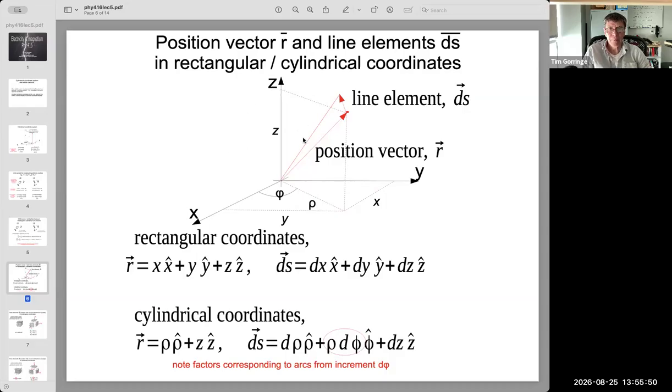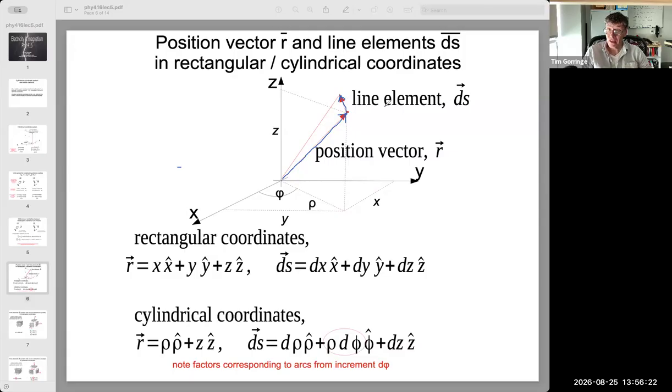But on this picture, I am marking two important things that we want to describe on this overhead. I'm going to write down the position vector R in the language of cylindrical coordinates. We've done it in rectangular coordinates, but I haven't yet written it down in cylindrical coordinates. I'm also going to write down a little line segment, line element, ds, in the language of cylindrical coordinates.